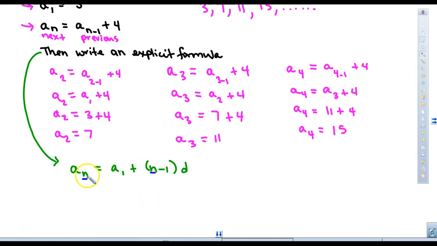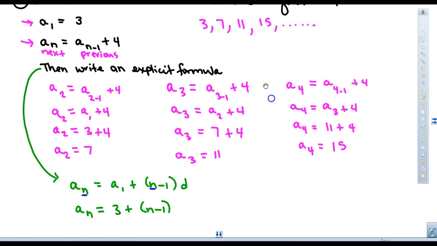So we're going to leave those alone. So that's going to be a sub n is equal to my first term, which was 3, plus n minus 1 times my difference that I found from up here. It has a difference of 4. Okay, so d is equal to 4 here.